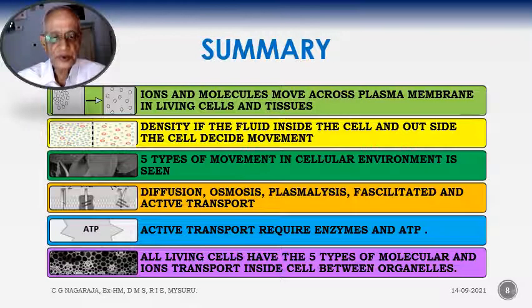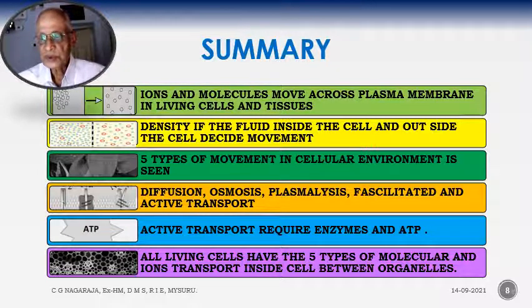Okay, we discussed the 5 types of molecular and ionic movement in the cells. Now let us have a look at the summary of what we have written. Ions and molecules move across the plasma membrane in living cells and tissues. That's the first point you must remember. Ions and molecules move in and out of living cells.